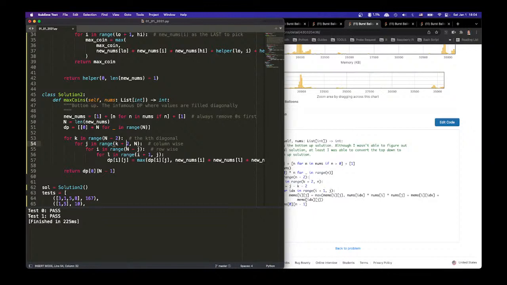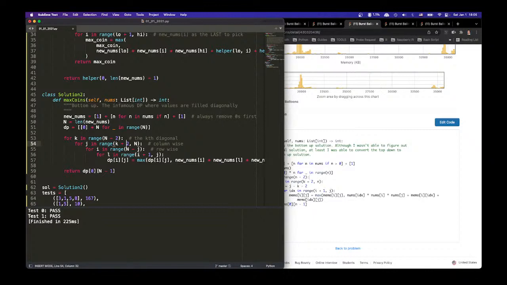Right, so to compute 0, 2, I need a 0, 1 and a 1, 2, which are both 0, so they're already done, right? Okay, now let's say that is done. Now I want to compute 0, 3.